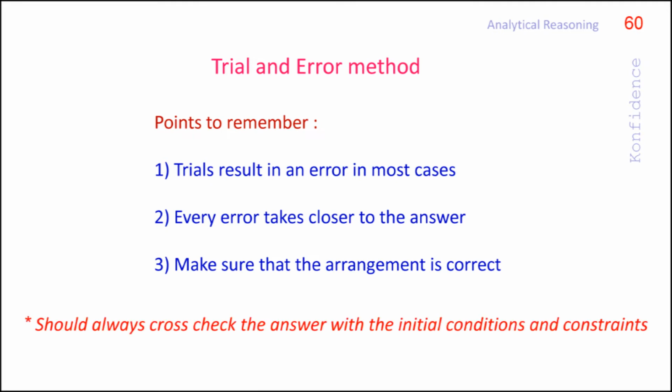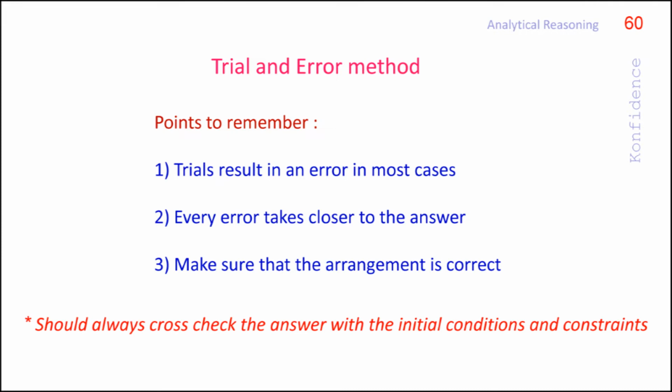How do we make sure the arrangement is correct? We should go back and check with all initial conditions before we make sure the arrangement is correct. Please note the word all. Even if we check only 4 out of the 5 initial conditions, the answer could very well be wrong.